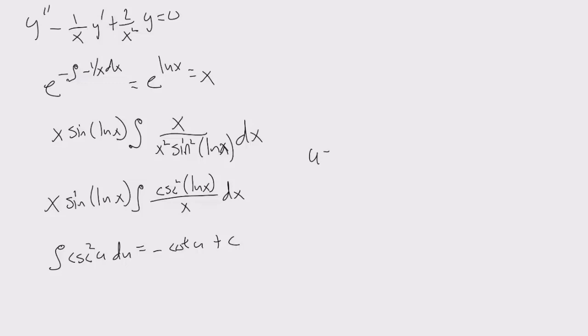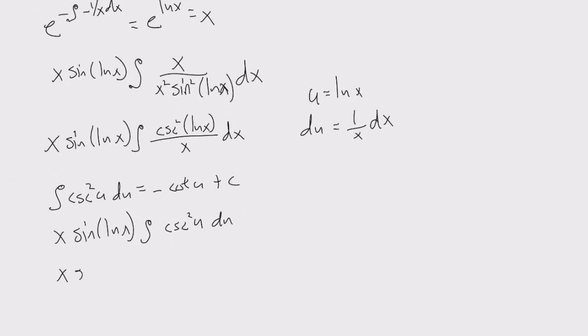So if I let u equal ln of x, then du is 1 over x dx. Alright, so x sine of ln of x, and we're converting this into the integral of cosecant squared u du, and that equals negative cotangent u.